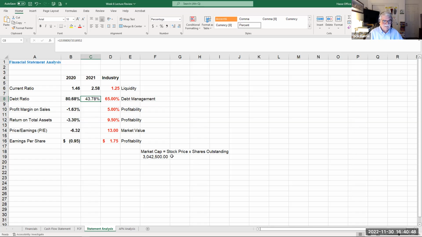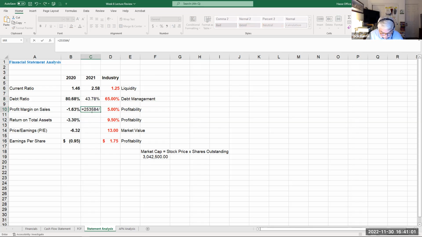Welcome to the world. The profit margin is the relationship of net income. In this case, it was 253,584. And divide that by the sales of the company in 2021, $7,035,600. Put that into a percent, 2 decimal places, as always, 3.6% profitability.